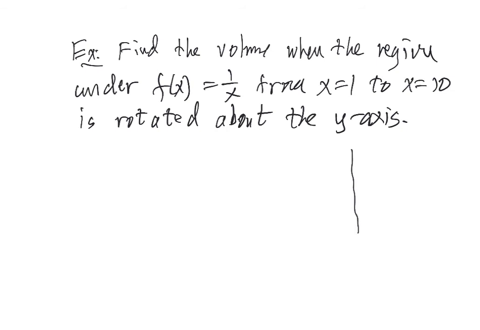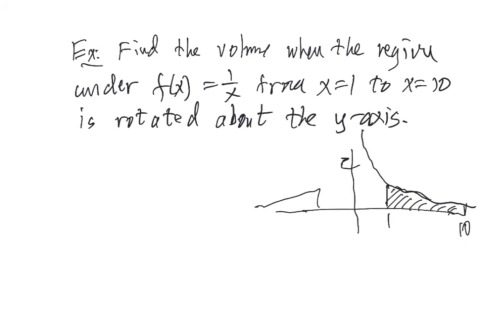We know 1 over x, a hyperbola, looks something like this, a little smoother. And we're going to go from 1 all the way out to 10. So we're going to take this region and rotate about the y-axis.